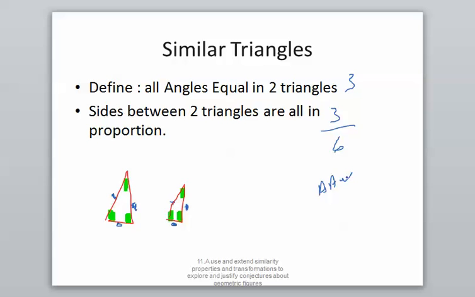So if I just prove two angles are congruent between the two triangles, then all three of them are congruent, right? And then we can say the triangles are similar in nature. Or we said if we could prove angle side angle, or side angle side. Those are the things we would need to do to prove these triangles as being similar to each other. Okay?